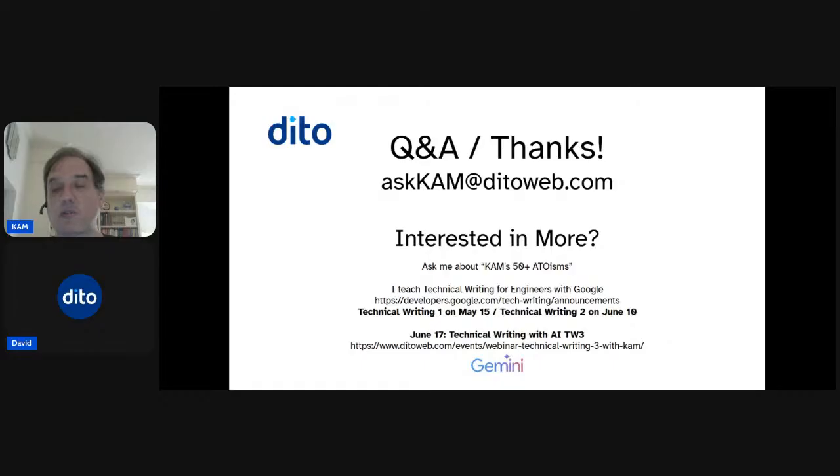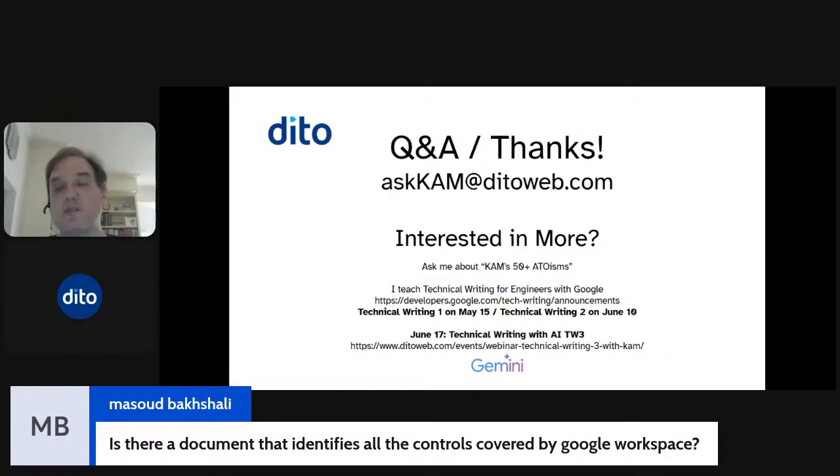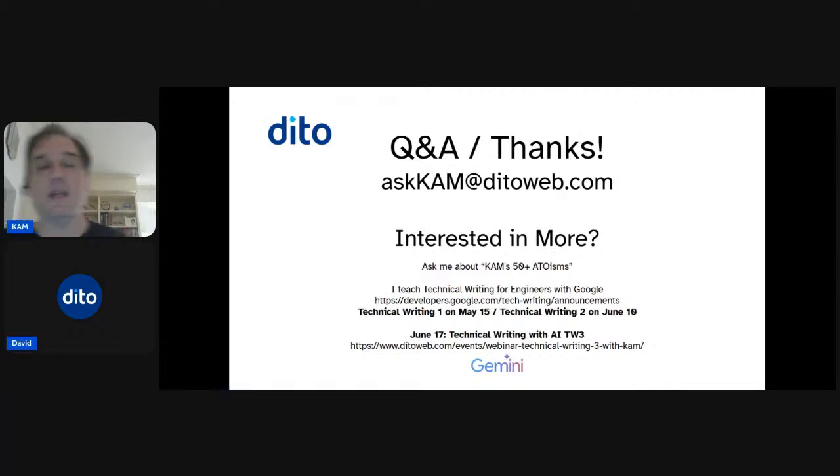We do have some questions over here. Is there a document that identifies all the controls covered by Google Workspace? So, Masad, I think the answer to that question is you're going to look at the configuration guideline. This goes into a concept that gets a little hairy. It's called inheritance. Inheritance is basically going to come down to whether you can fully or partially inherit a control from a particular service provider, what's known as a CSP, cloud service provider in this case.